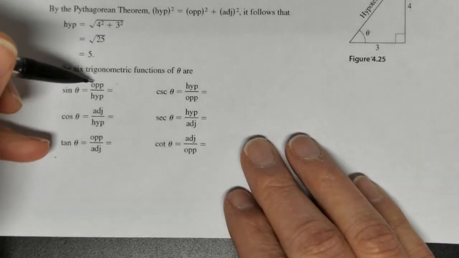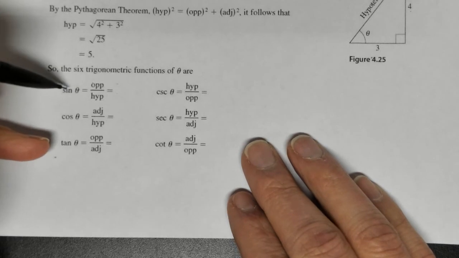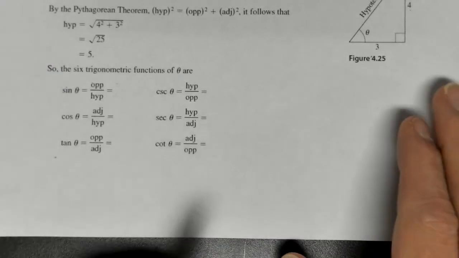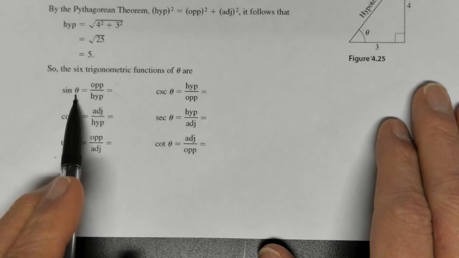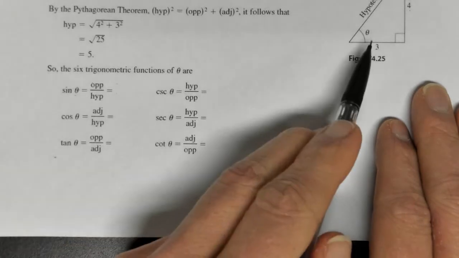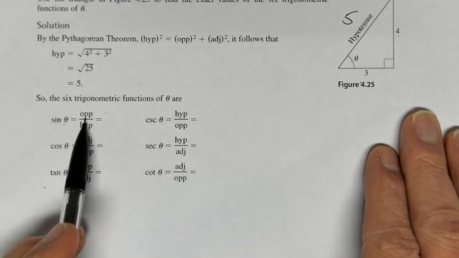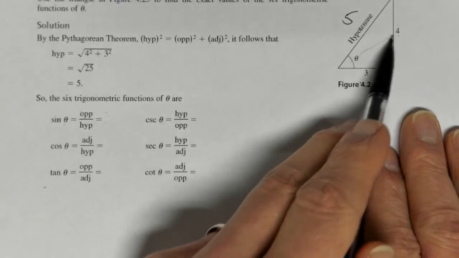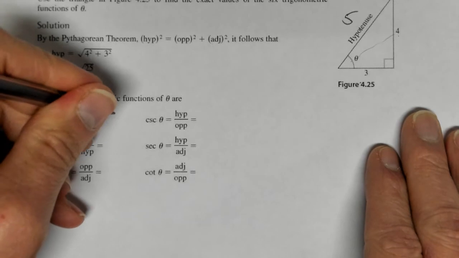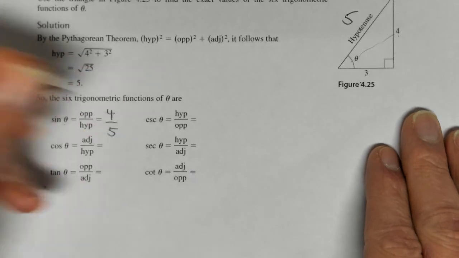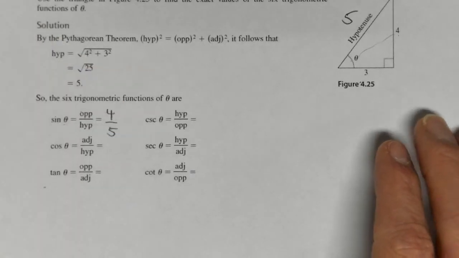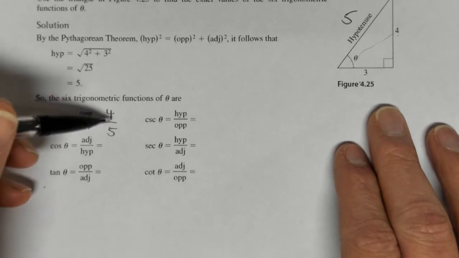remember, sine is opposite over hypotenuse. In this particular triangle, theta is my reference angle, so the opposite and the adjacent are in terms of the reference angle. I need the opposite side. Well, the side across from the reference angle is 4. The hypotenuse is 5. So in this particular triangle, the sine of theta equals 4 over 5.